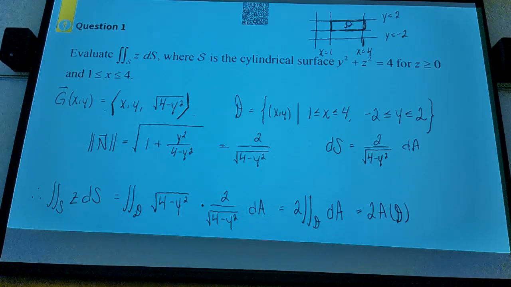What's the area of a rectangle? So what's the area of our domain?